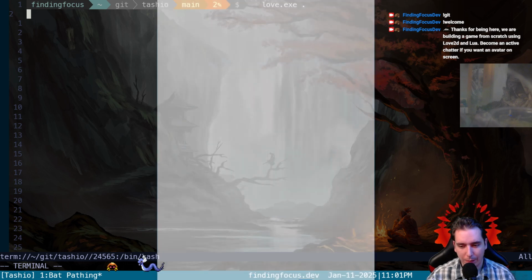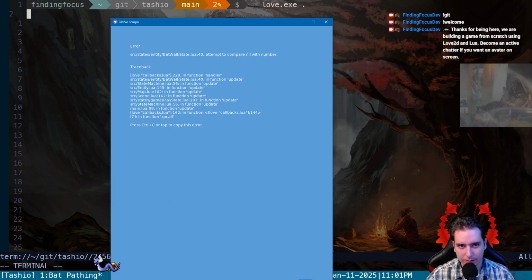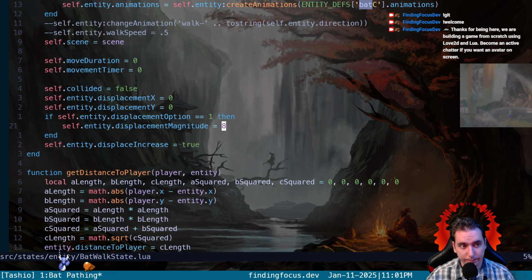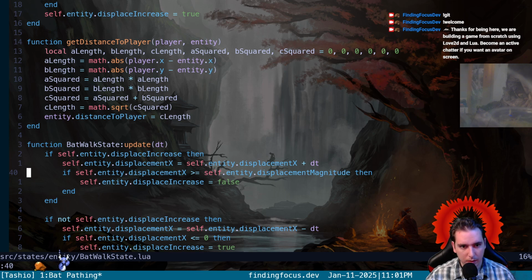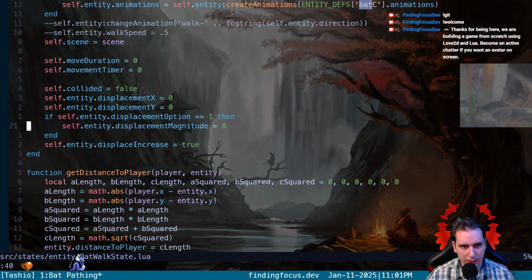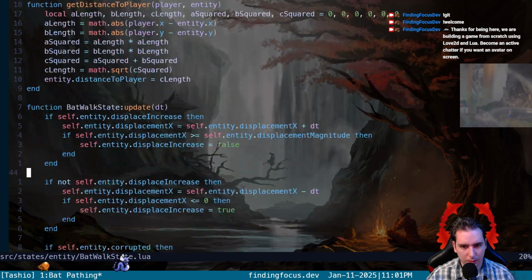Now we're not changing our bat position just yet, but we're looking for that. Shoot. Bat walk state 40. Displacement x. Entity displacement magnitude, entity displacement magnitude.